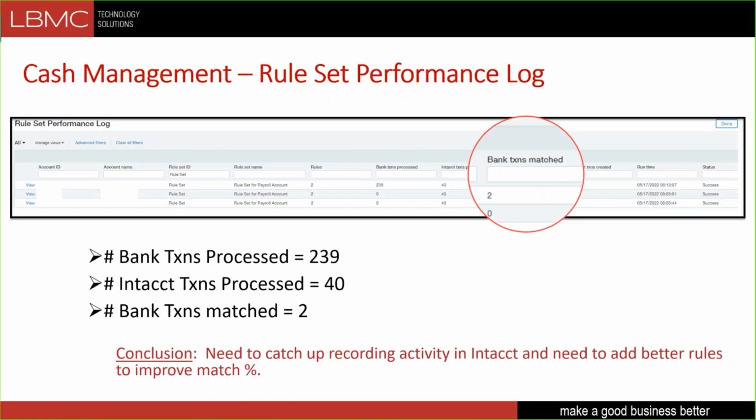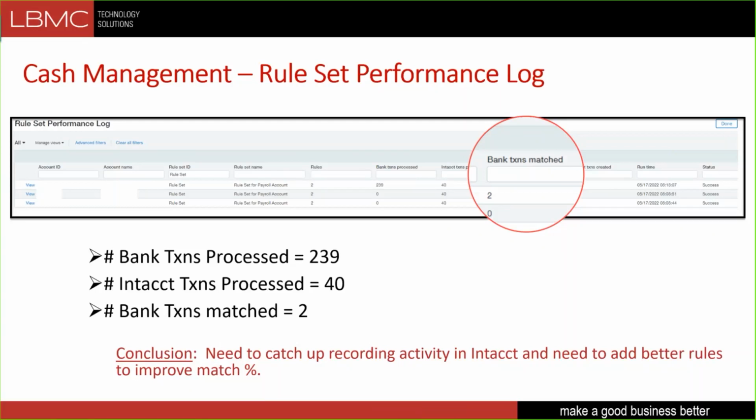So based on this log, I can see that on the 17th at 8:18, it processed 239 bank transactions, but it only looked at 40 Intacct transactions to find matches, which means I didn't have a significant portion of my activity recorded yet in cash.